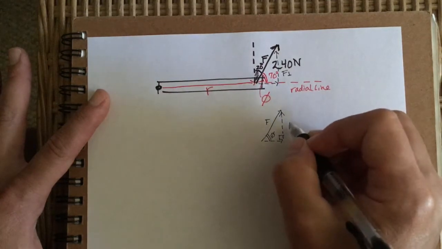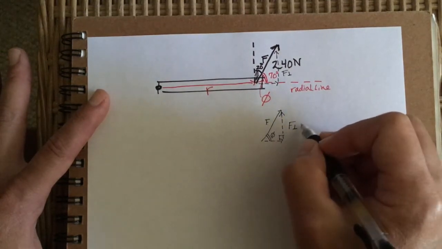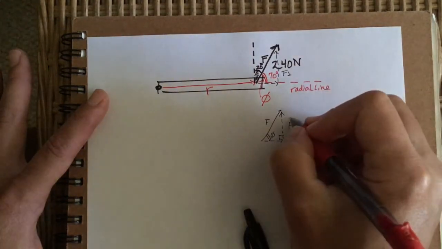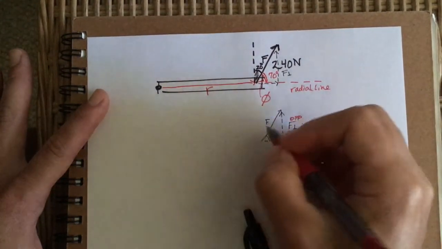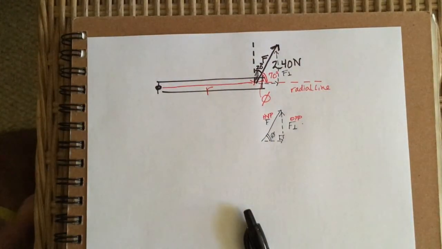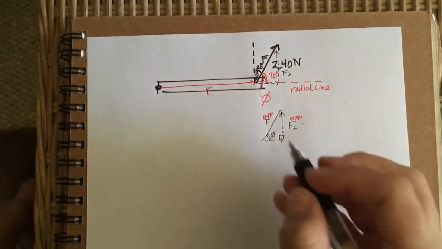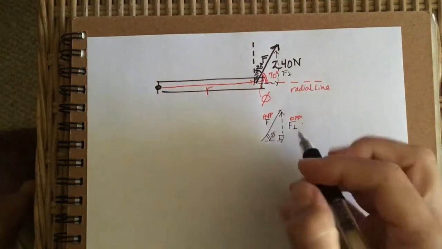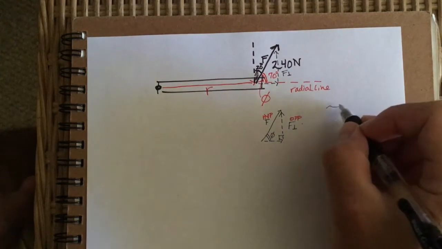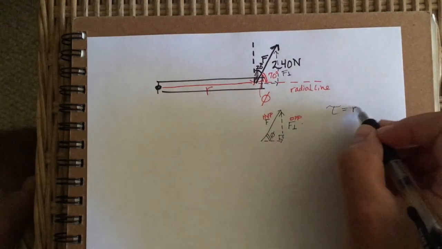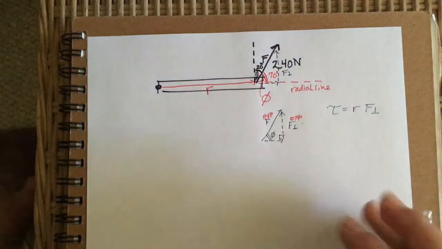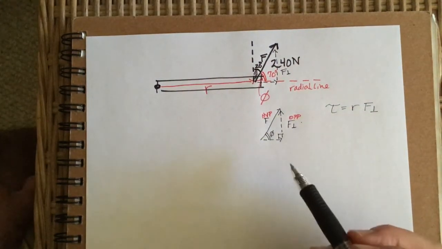We can see that F perp is an opposite, and we can see that F is a hypotenuse. So my point is, we want to solve for this opposite because we know that torque is equal to R times F perp, and we want to know how much torque is happening here.